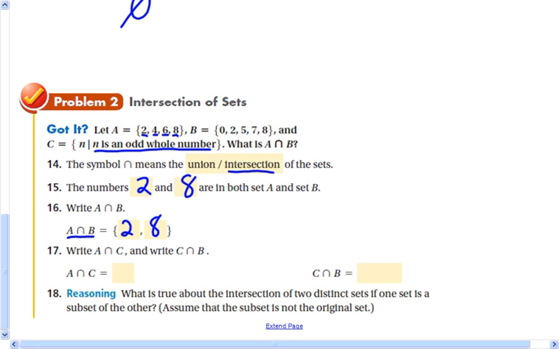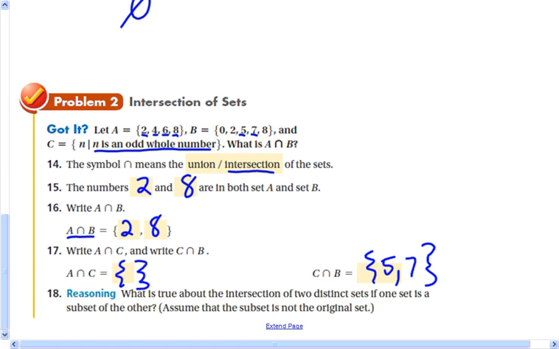So A intersect C is equal to the empty set. And C intersect B, that would be odd whole numbers, and we have a couple odd whole numbers in B. The intersection is 5 and 7.